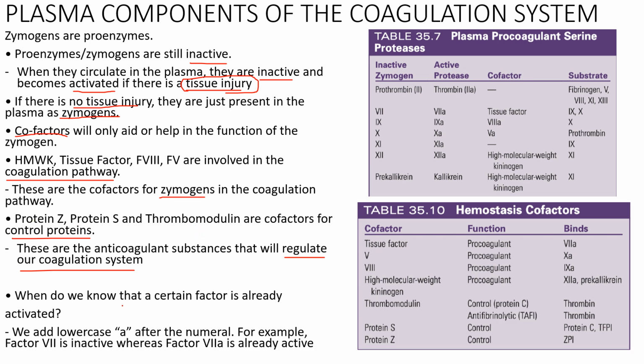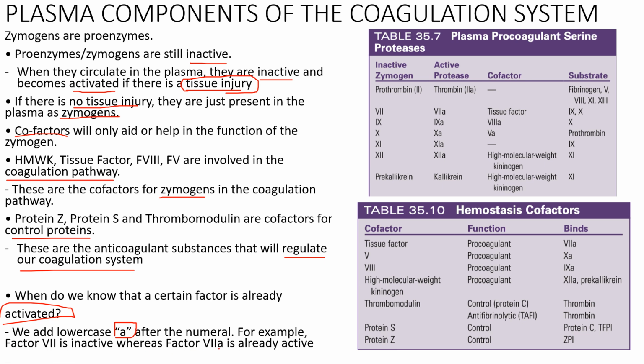Now, I want you to remember this, class. How would you know if a coagulation factor is activated? We always add the lowercase a, or the small letter a, after the numeral. For example, class, factor 7 alone is considered an inactive coagulation factor.